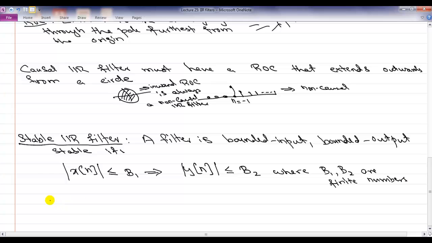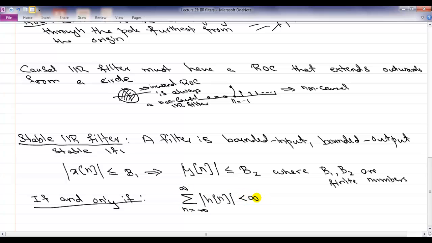Now, there is a very simple test for stability, and this is a necessary and sufficient condition. So an IIR filter is stable if and only if we take our impulse response and we sum its absolute value from minus infinity to infinity, then that is less than infinity.